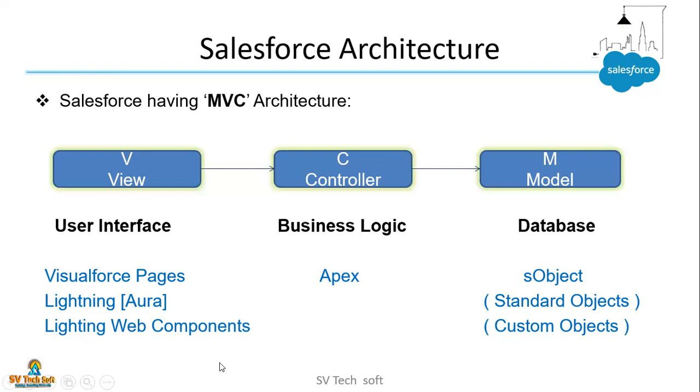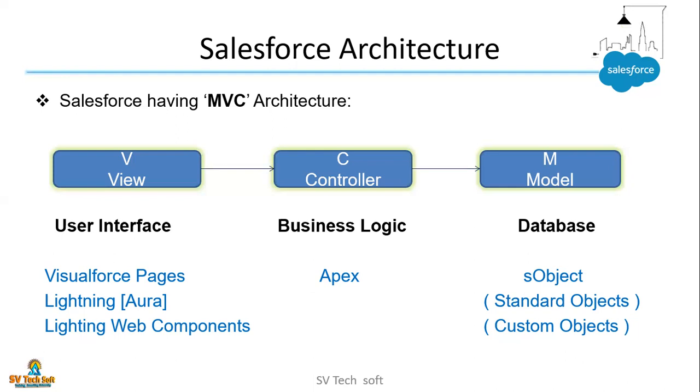Then the database perspective. Database is nothing but where we store record information in Salesforce. Salesforce introduced some objects, which we already discussed. SObject is nothing but a Salesforce object. It holds all standard and custom object information.